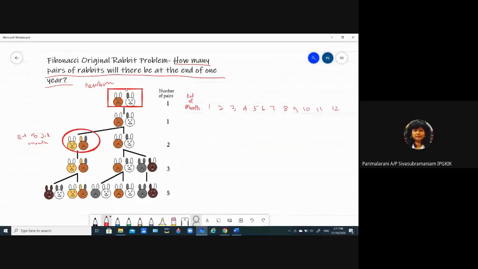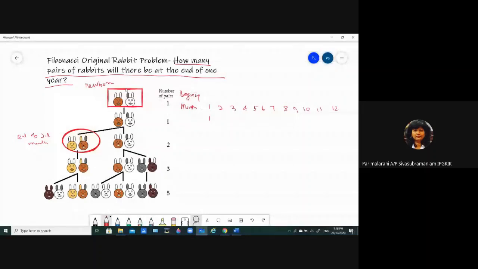You just have to complete the sequence for 12 months, right? So you know that at the end of the first month, there is only one pair. At the end of the second month, how many pairs are there? 2. Okay, let's go for the beginning of the month, because the rabbits are put into the field when they are ready.